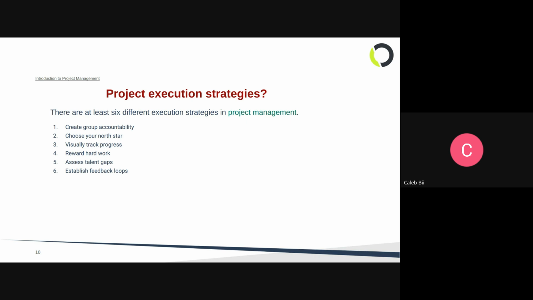Then we have establish feedback loops. Here, basically, what we're saying is you should always collect feedback continuously.